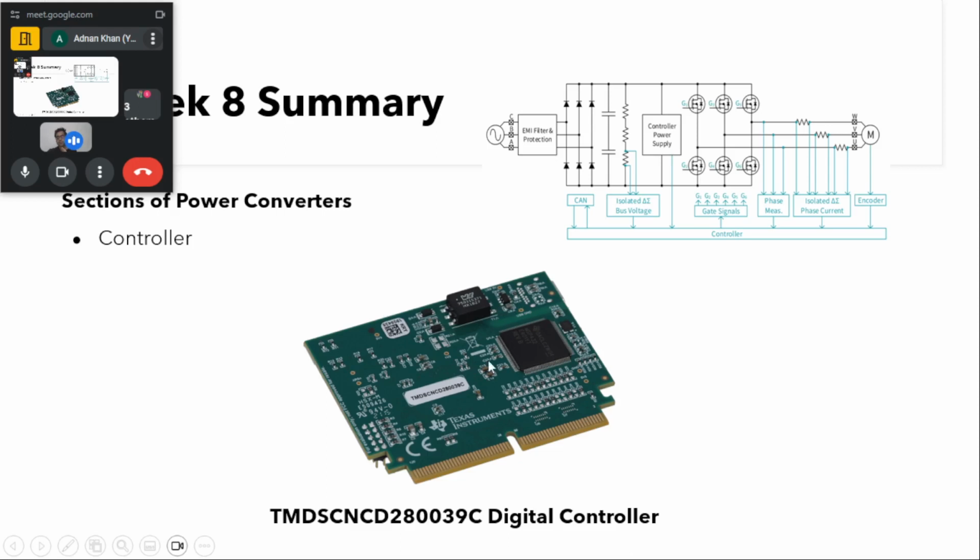This is a digital controller, and it will be sensing all the currents and voltages, and then giving them to this controller, which will then take the control action in a digital manner, and we will be coding all the controllers, and so on and so forth.